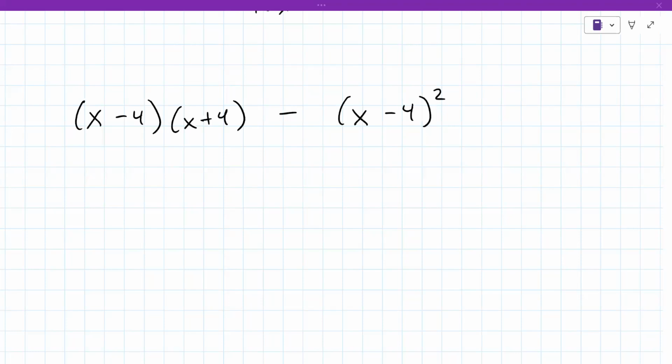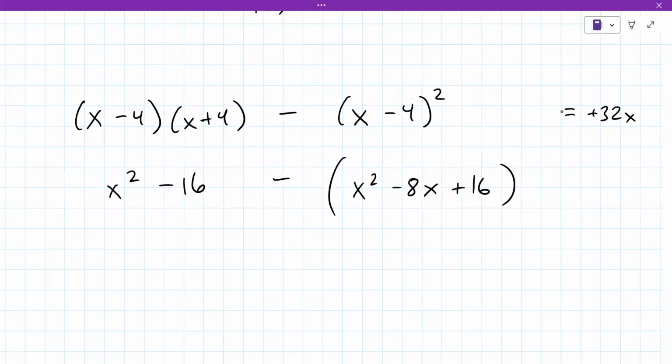Then you have to subtract that. Would it be negative 32x? No, wait, positive 32x. Okay, that's your answer. Let's take a look here. This becomes x squared minus 16. Is that what you got? On the right here, it's x squared minus 8x plus 16, but it's all in negatives. It's all going to be negated. Oh, yeah. For some reason, I thought it was negative 32x.